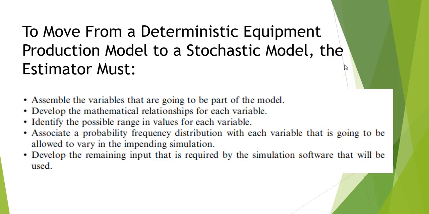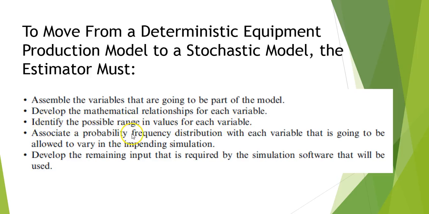So if we're going to jump from a deterministic equipment model to a stochastic model, there's several things you have to know and do. First of all, you need to know and get together all the variables that are going to be part of the model. Then you develop a mathematical relationship for each variable. You identify the possible ranges in value for each variable.